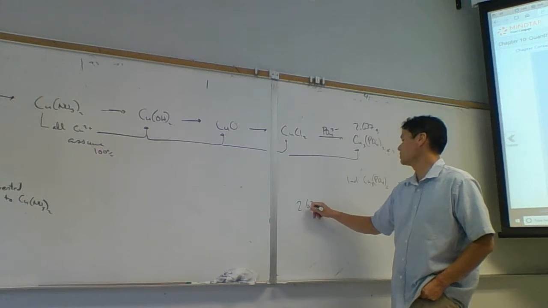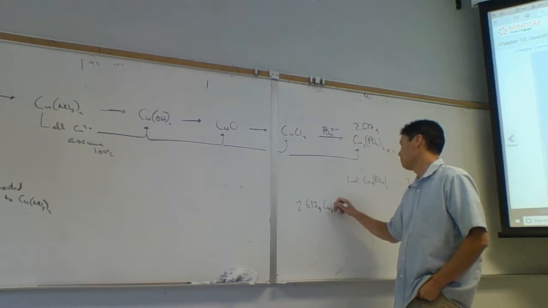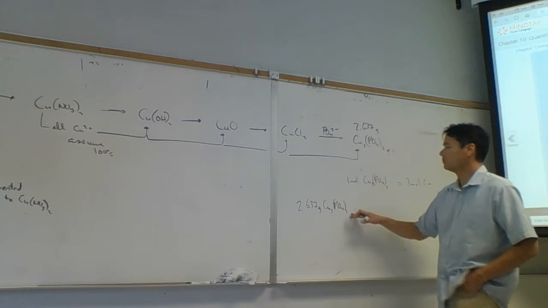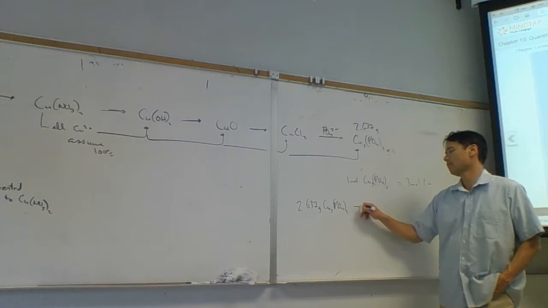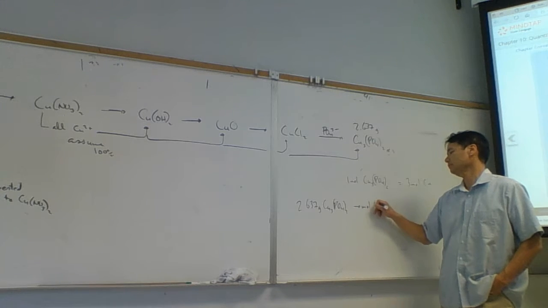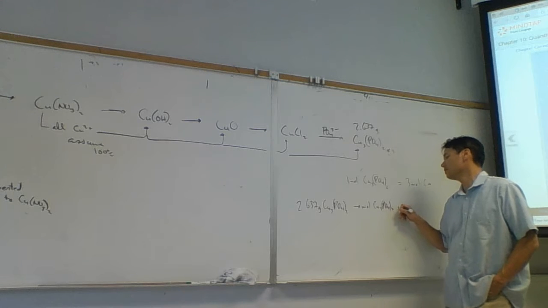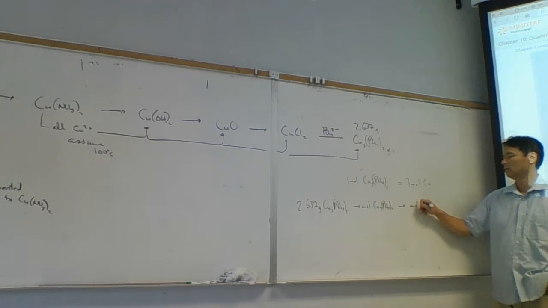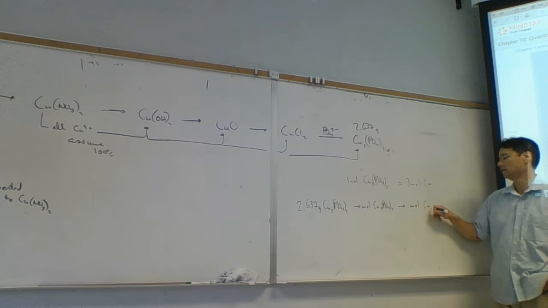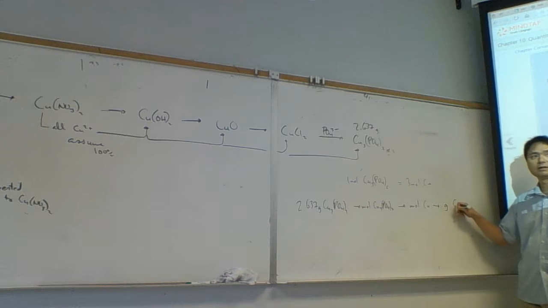I just do 2.637 grams of copper phosphate, and then I'm going to convert it to moles of copper phosphate. And from moles of copper phosphate, then I'm going to convert it to moles of copper metal. And then from moles of copper metal, I'll convert it to grams of copper metal.